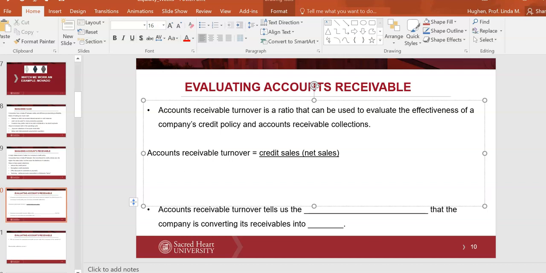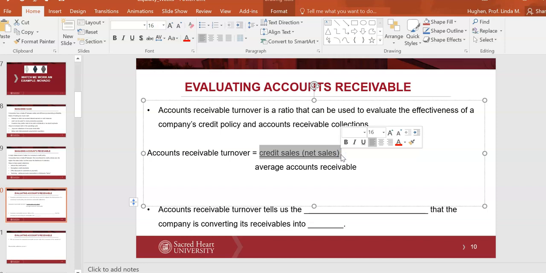Let's divide our credit sales by average accounts receivable. And average accounts receivable means let's take the most recent year's accounts receivable, that's an ending balance, plus the prior year's accounts receivable, that would be considered our current year's beginning balance, and divide by 2. Why do we take the average rather than the ending accounts receivable? Credit sales, our net sales, is the number on the income statement.